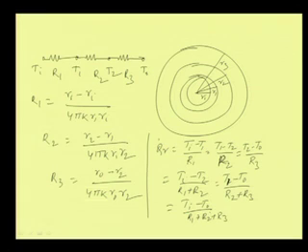That means this is the total difference from the initial point to the final point divided by the total resistance. Okay.